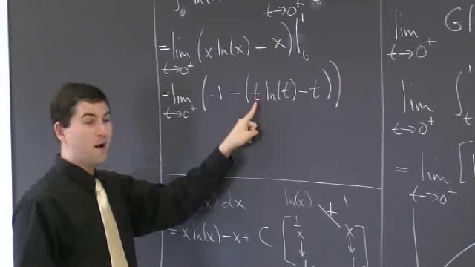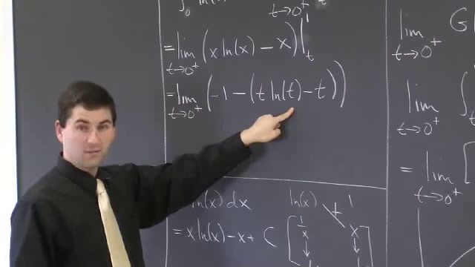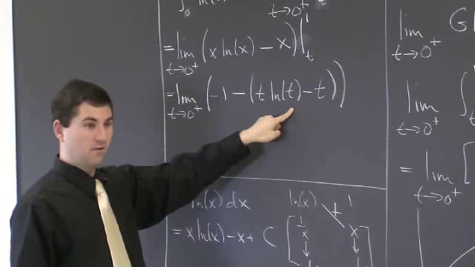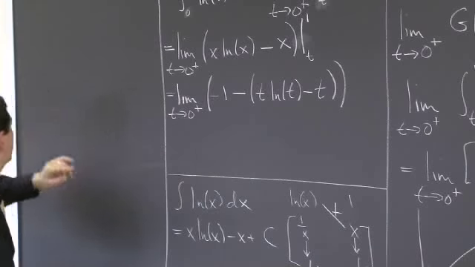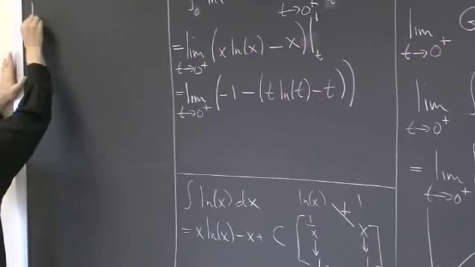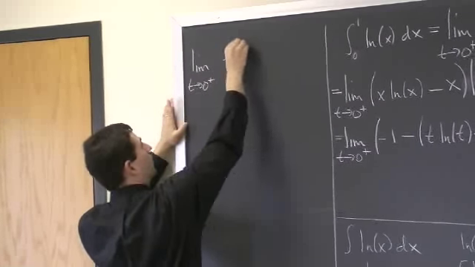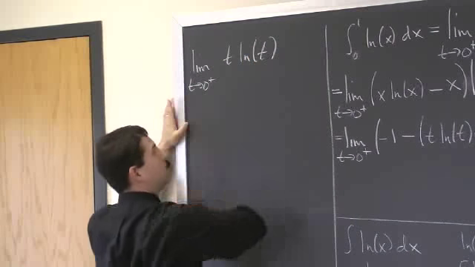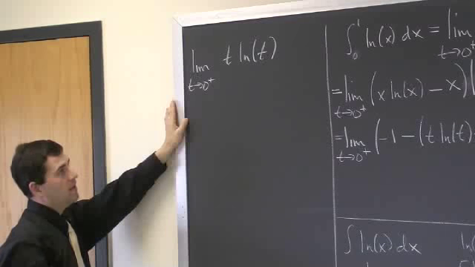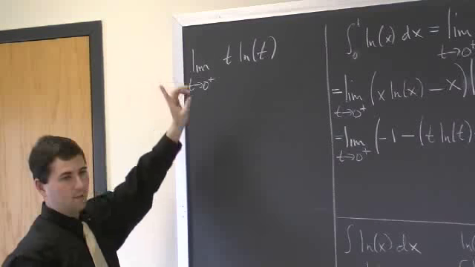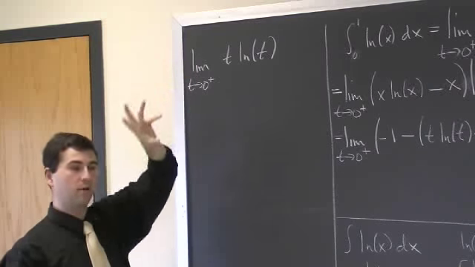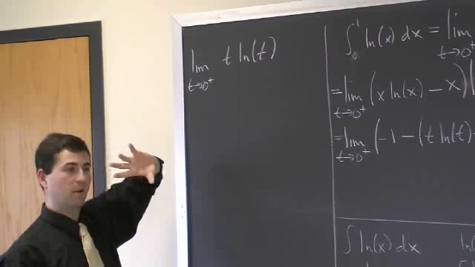So since t is a polynomial, it beats logarithms. So it's going to go to 0. But let's just write this out with L'Hopital's rule. Just check this. L'Hopital's rule doesn't apply directly in this case. It looks at infinity over infinity or 0 over 0.